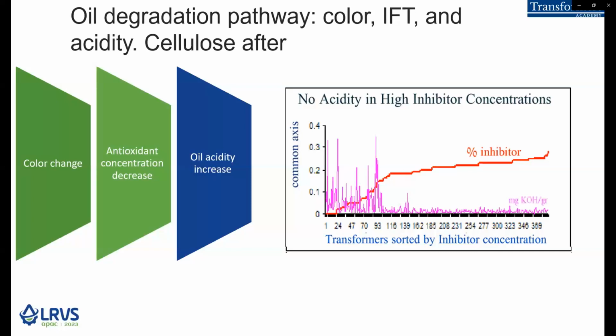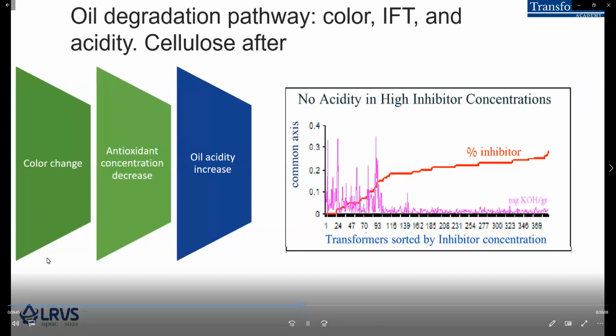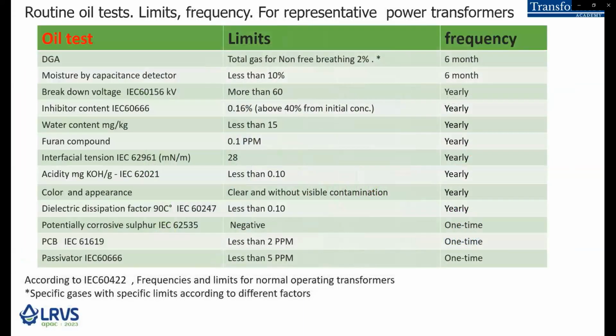Here we can see also what happens with the transformer, how the oil is degraded. First of all, the color is changed. After this, antioxidant concentration decreases and oil acidity and other polar components appear, and in the transformer the oil acidity rises and the inhibitor concentration is lower.